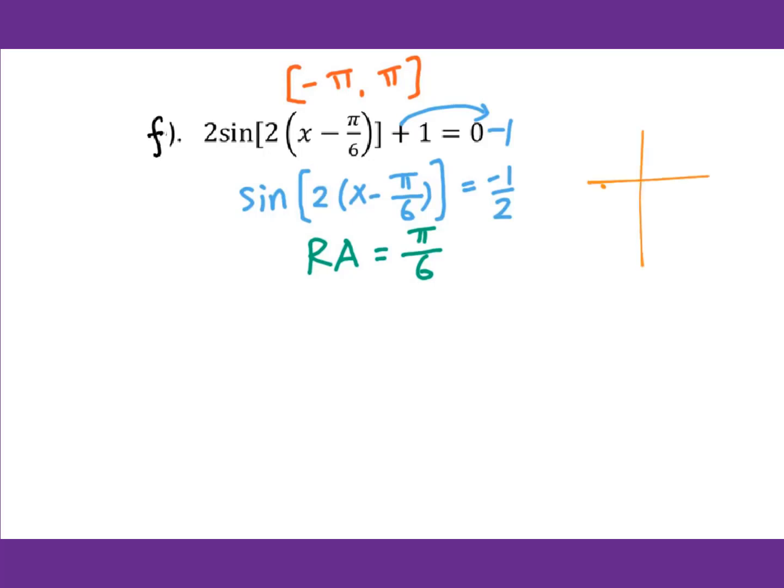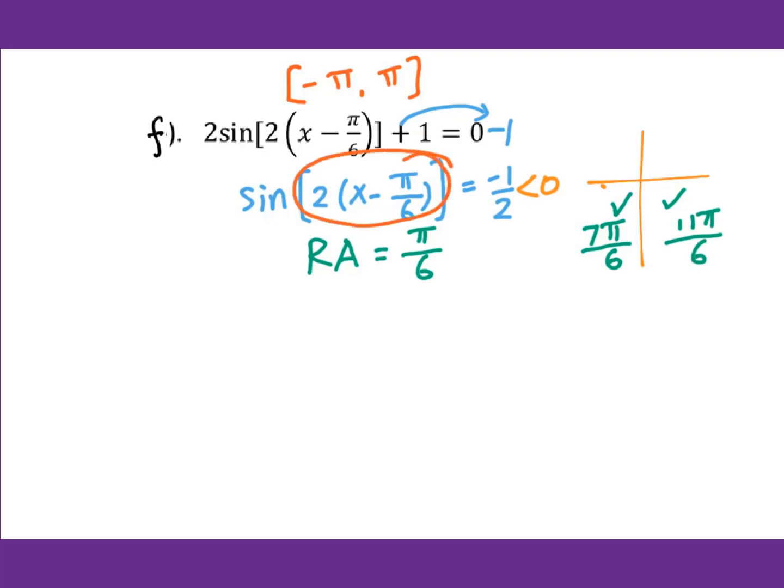So we go to the diagram. We know that sine is negative, which means third and fourth quadrant. We got 7 pi over 6 and 11 pi over 6.